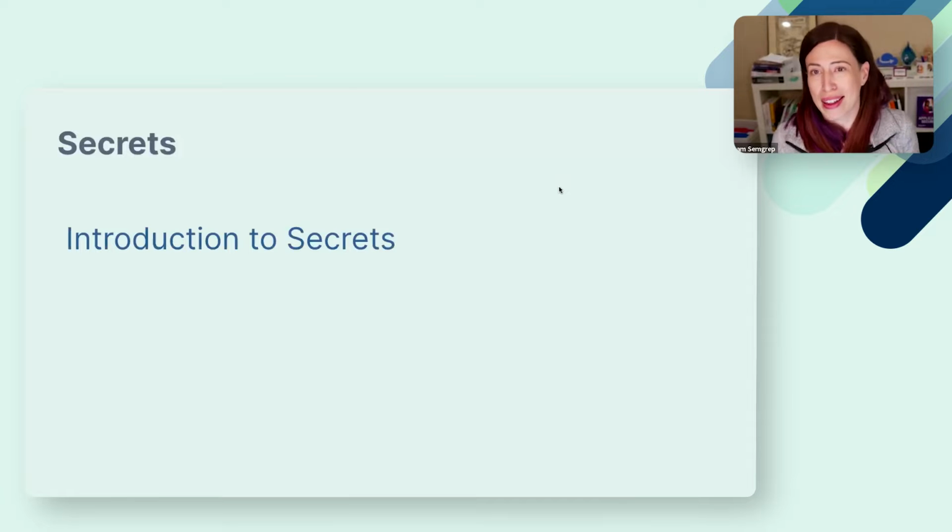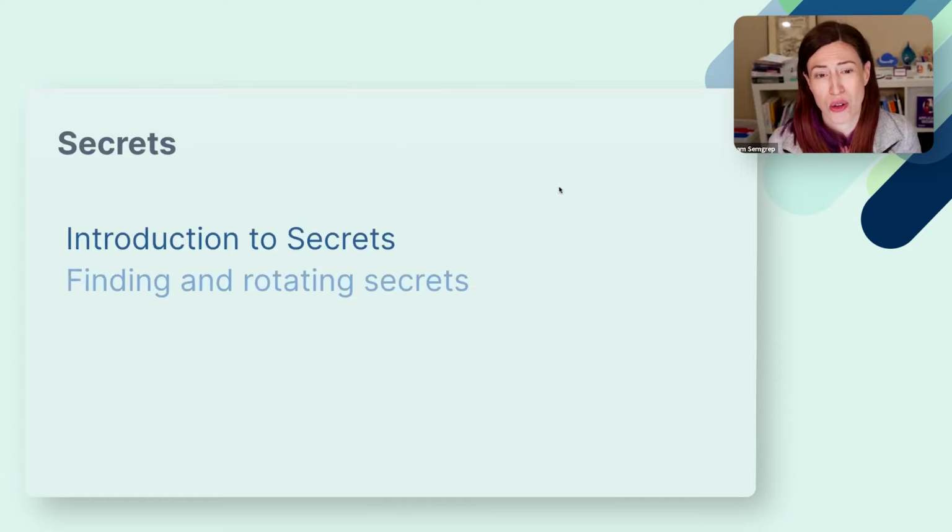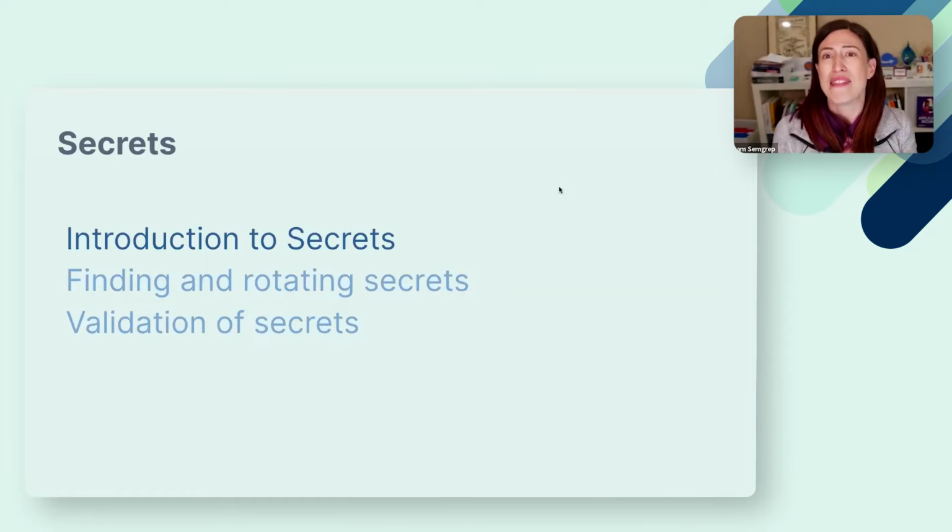So what the heck are secrets, and why should we really not store them in our code? We're going to talk about how to find them, how to rotate them, and validation of secrets. So it's nice you found a secret in your code. Is it a real secret, or is it an old secret that no one's using anymore? So I personally find that helpful to know.